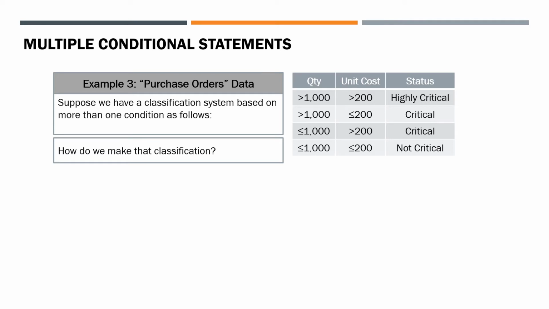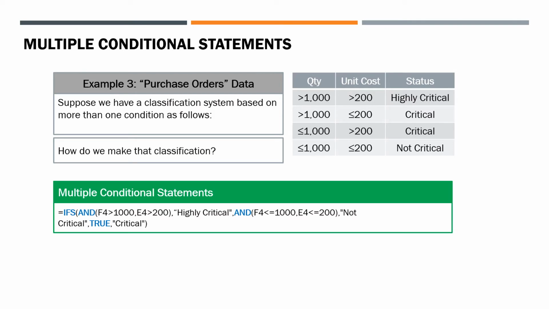If the quantity is more than 1,000 and the unit cost is more than $200 per unit, its status is highly critical, something like this. So you can use IFS and OR, or IFS and AND, and it depends on the criteria and the logic. How do we make that classification? Because this is a multiple conditional statement, we are going to combine IFS with these functions, and this is how to read this one.